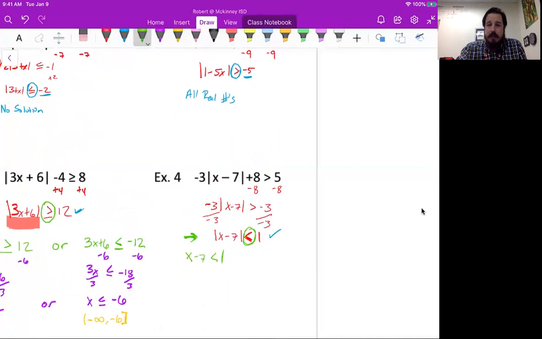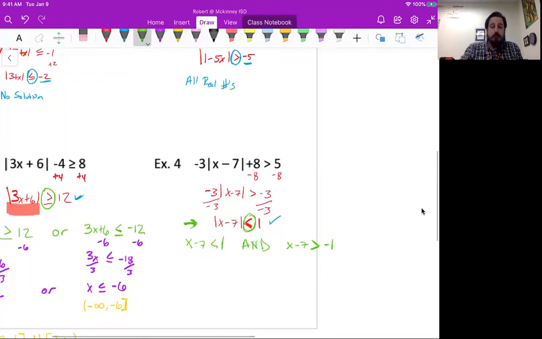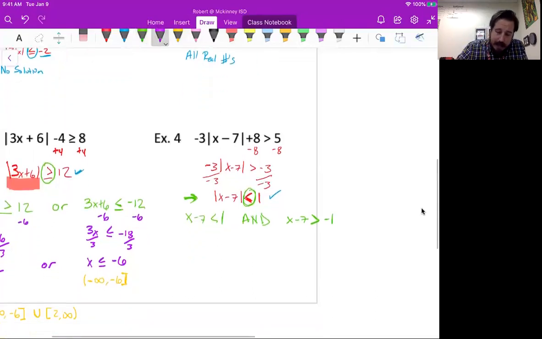So x minus 7 is less than 1, and x minus 7, I flip the inequality as well as change it to a negative number. Now, when I solve each of these individually, I add 7 to this one, and I get x is less than 8.